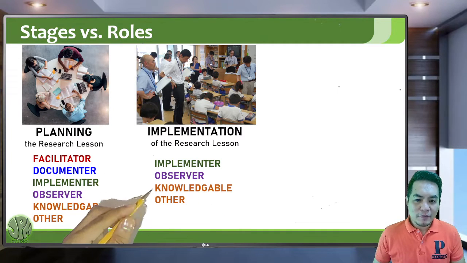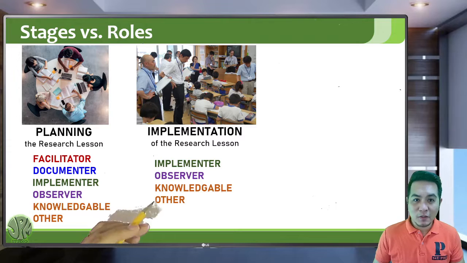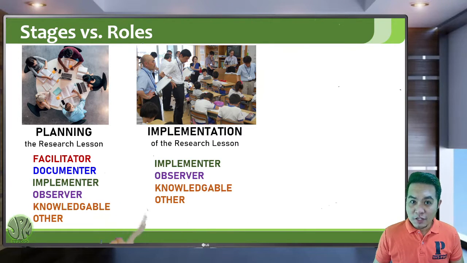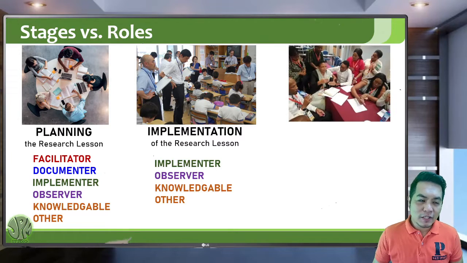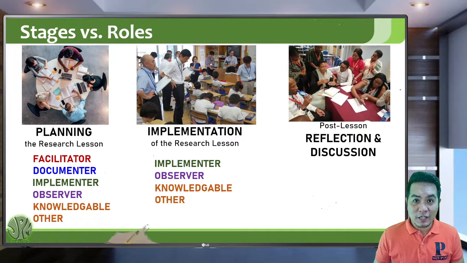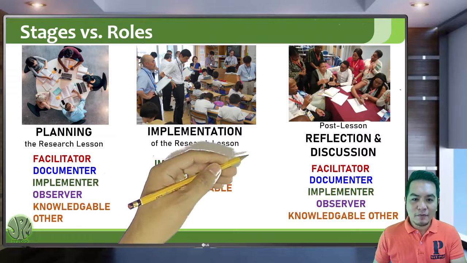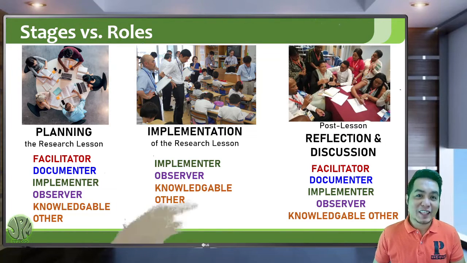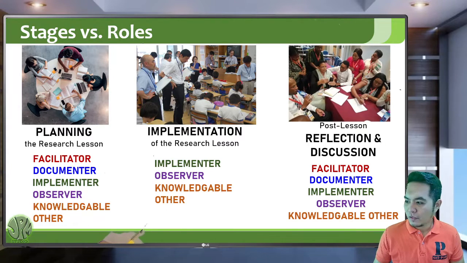If the observer or the knowledgeable other notice some misconceptions presented during the lesson, then they will just share that observation or comment or correction during the post-lesson reflection and discussion, where again every member of the group should be present. So again, during the implementation, you should not comment directly on or correct the teacher or the implementer of the lesson. Okay.